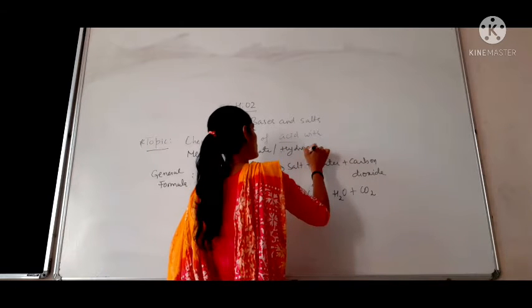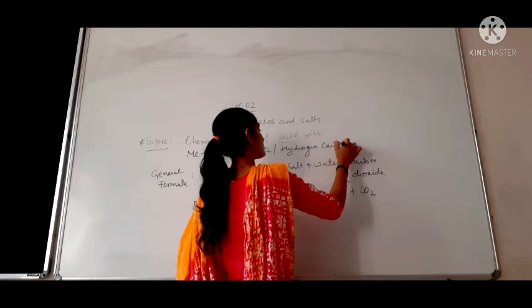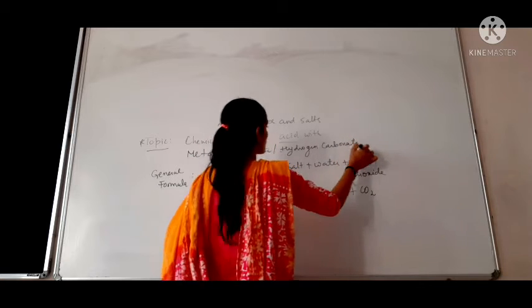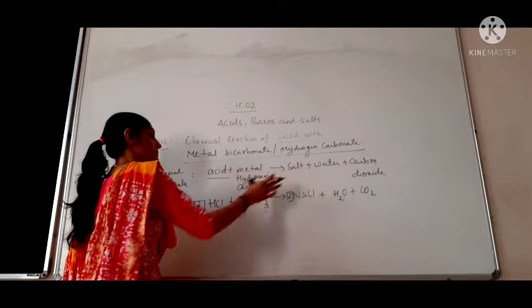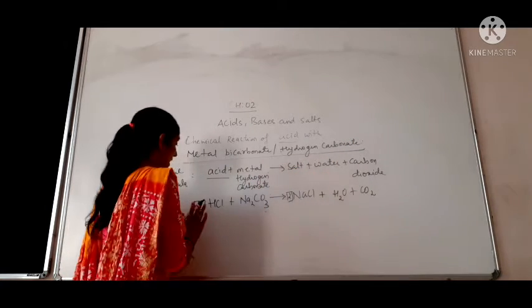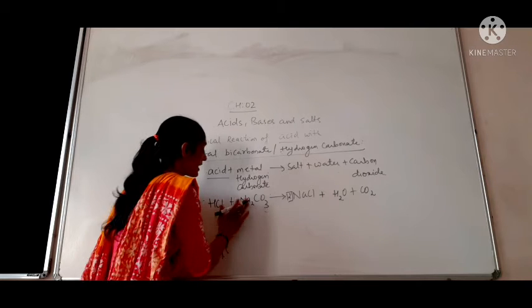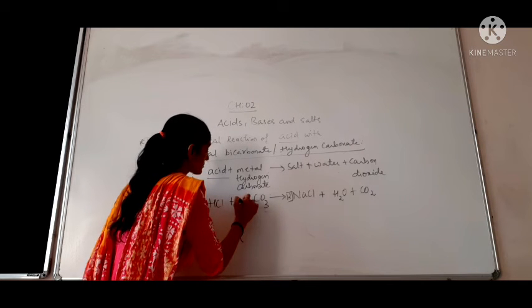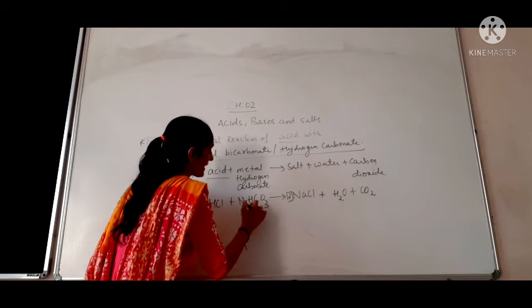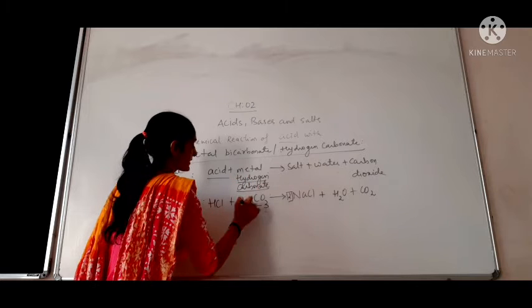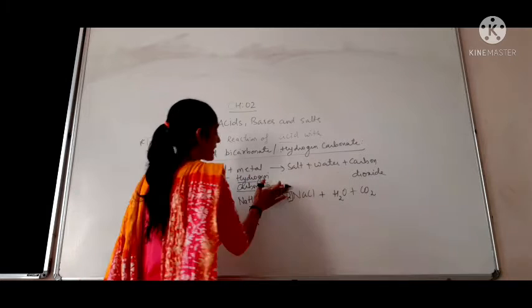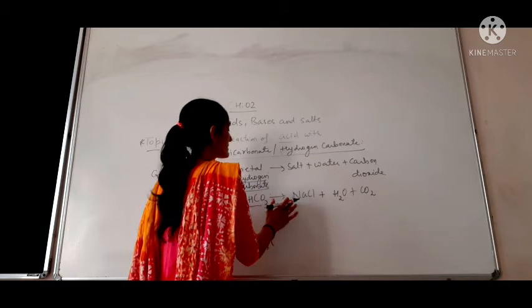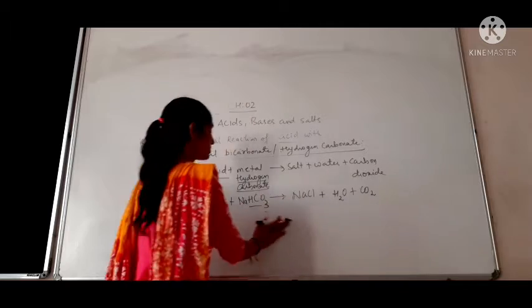Okay children, whenever it reacts, the products remain as they are, but instead of Na2CO3, I write HCO3, that is hydrogen carbonate, with the metal. So I get the same products, that is NaCl, H2O and CO2.